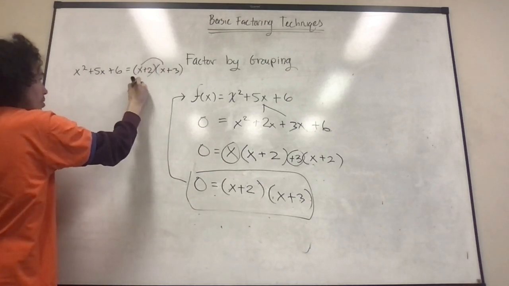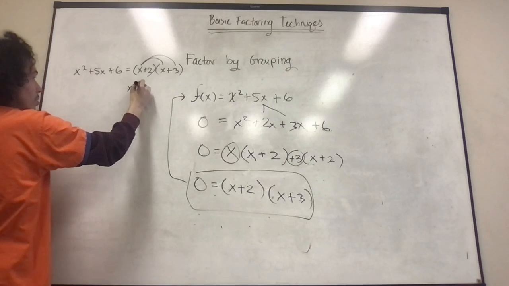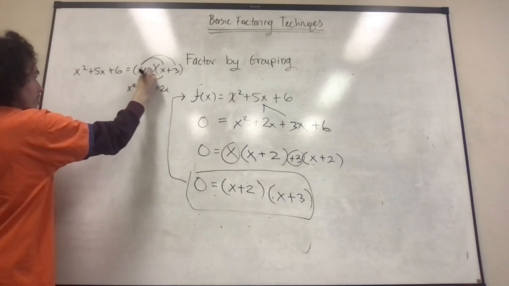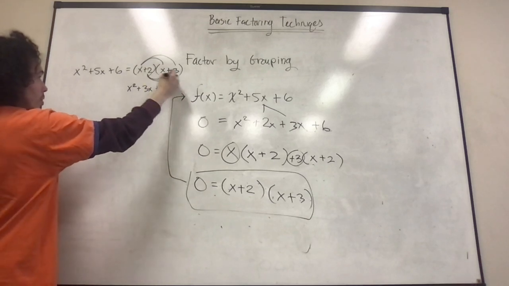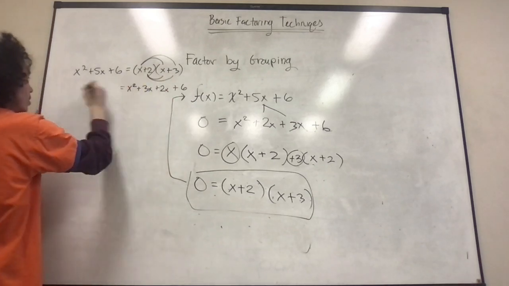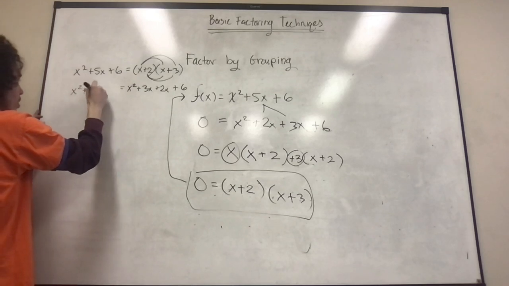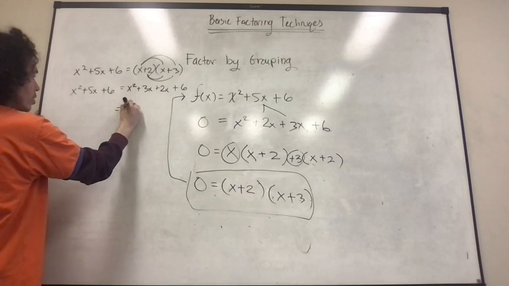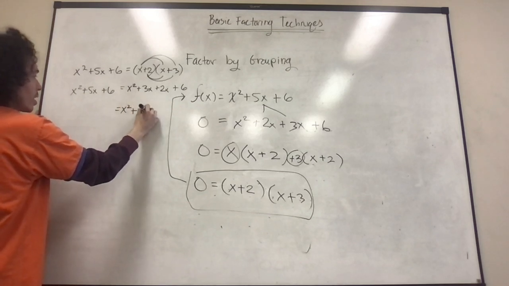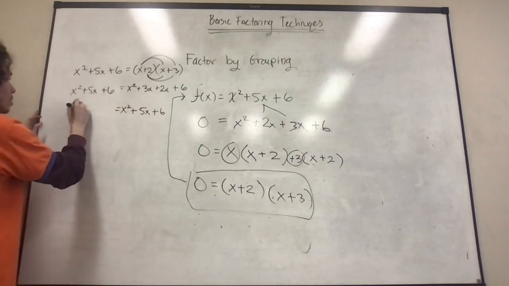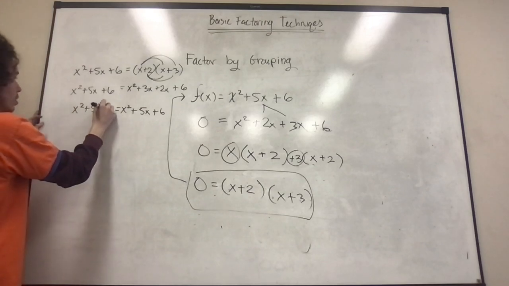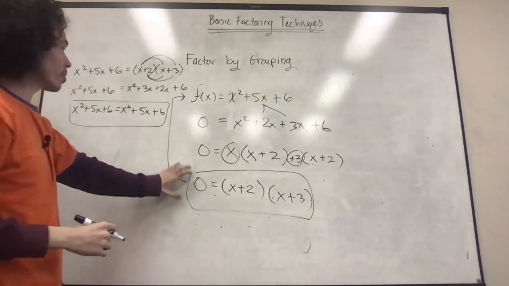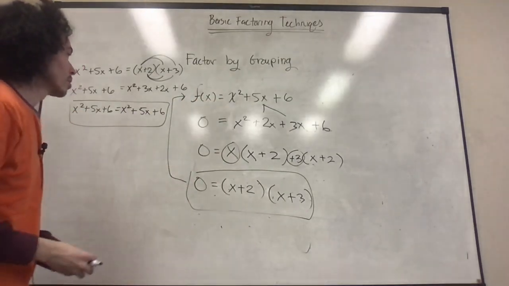So you have x squared, plus 3x, plus 2x, and then you have your 6. Now you add up these two terms and you're left with x squared plus 5x plus 6. And as you see, this factored form is equal to the original function.